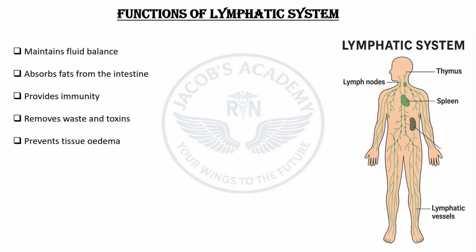And the last one is preventing tissue edema. By draining excess tissue fluid, the lymphatic system prevents tissue edema, which is abnormal accumulation of fluid in the tissues.